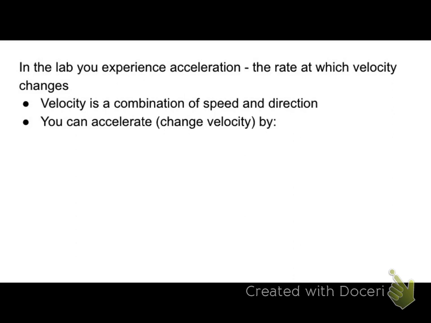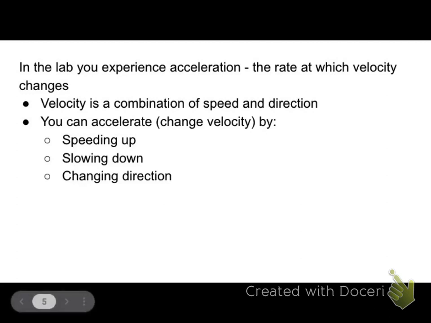And those ways are to speed up, like we did in the lab, to slow down, like your cart did when it didn't have its propeller turned on, or, and this is the one that often surprises people, by changing your direction. Okay, so even if you keep the speed of your vehicle constant, if you turn around a corner, you're technically accelerating because you are changing the direction of your velocity.